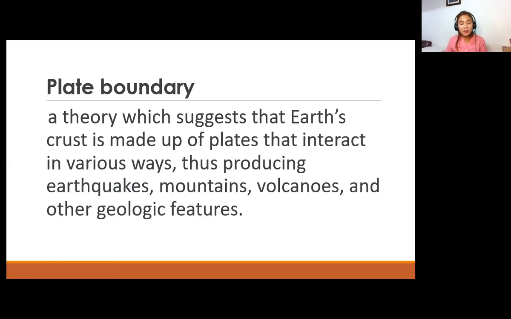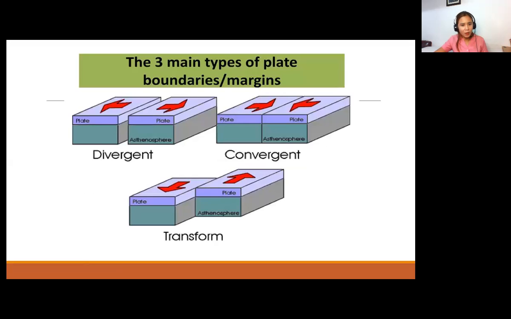When we say interact, magkakaroon tayo ng different kind of plate movement. And what are the three different kinds of plate movement or boundaries? So we have here three main types of plate boundaries or margin. First we have the divergent, convergent, and then transform.